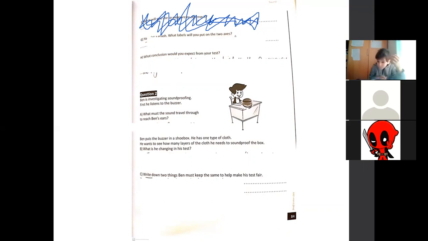Okay. Question G says, you plot a graph. What labels will you put on the two axes? What is the answer of F? I said that F is canceled. Hamza told me that he knows the answer and then he answered wrong, so forget about it.